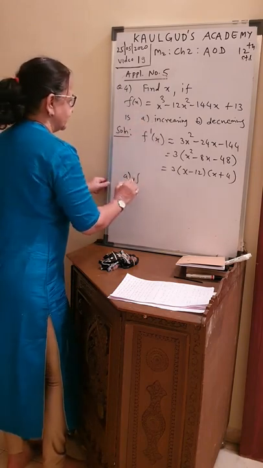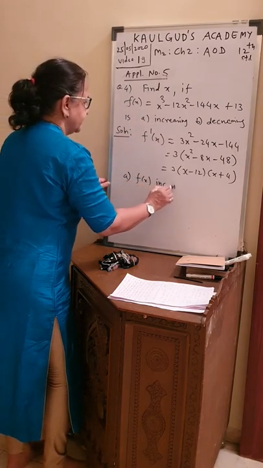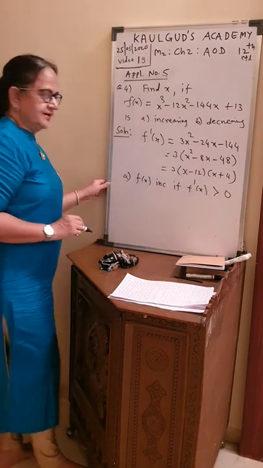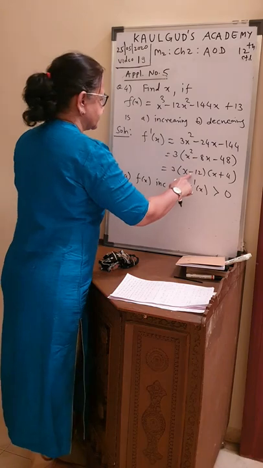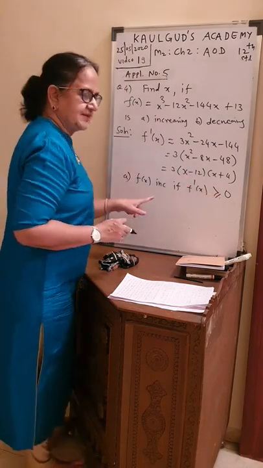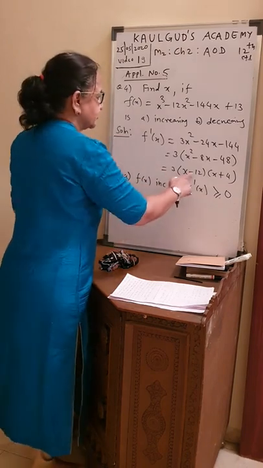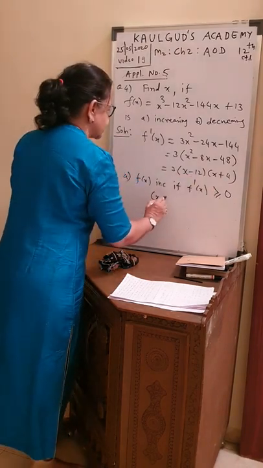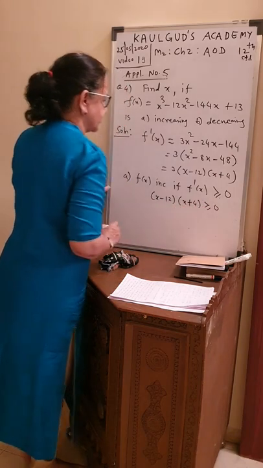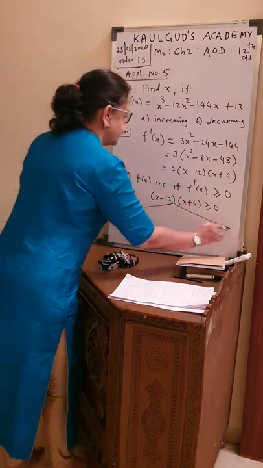You can write f of x increasing if f dash of x is greater than 0. Derivative should be positive. So now increasing is greater than or equal to 0, let us say. Strictly increasing, strictly greater than 0. So this product, x minus 12 into x plus 4, should be greater than or equal to 0. Again, two cases.